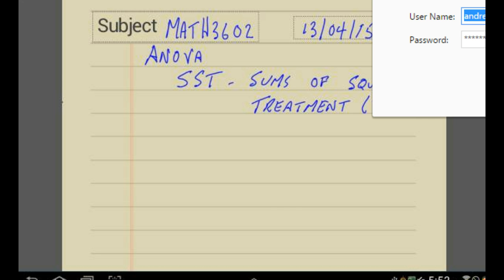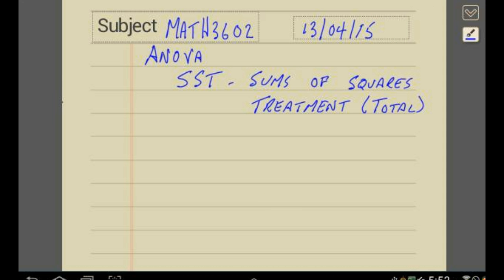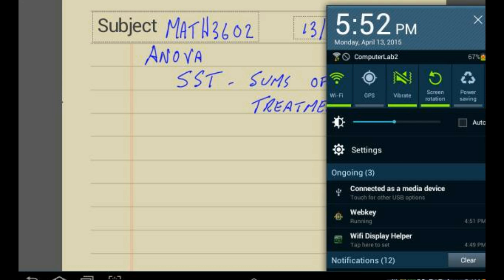To do our sums of squares treatment and total, we're going to take a look at a set of data.